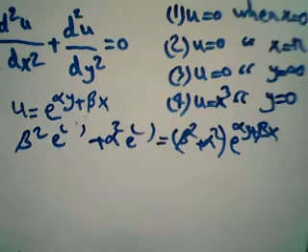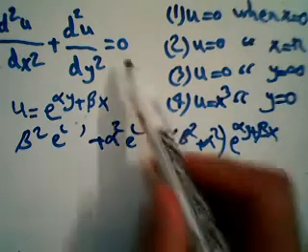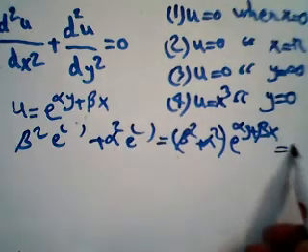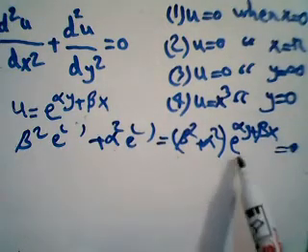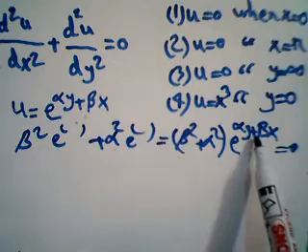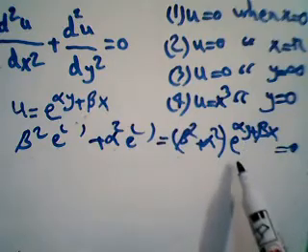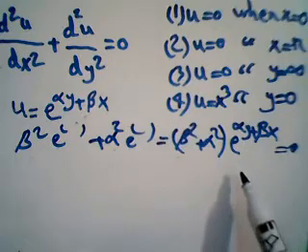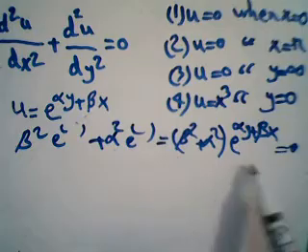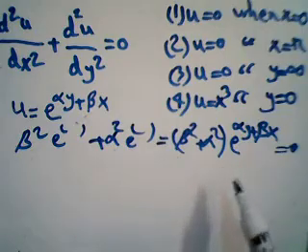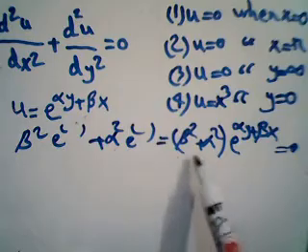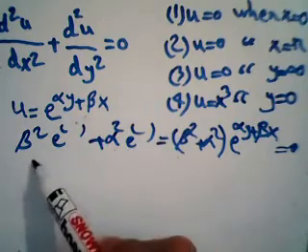Now, this is equal to 0, and e to this could not be 0 because e is a non-zero constant, and to any power it is not 0, so this should be 0.